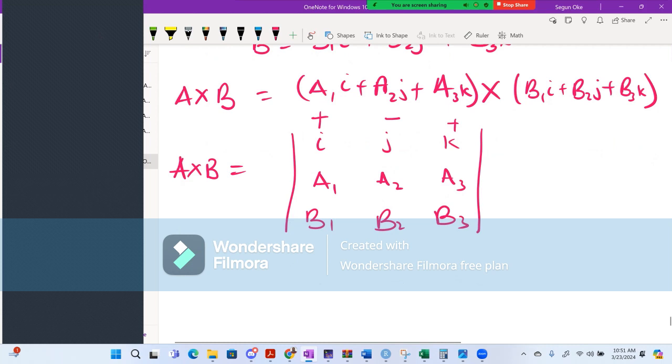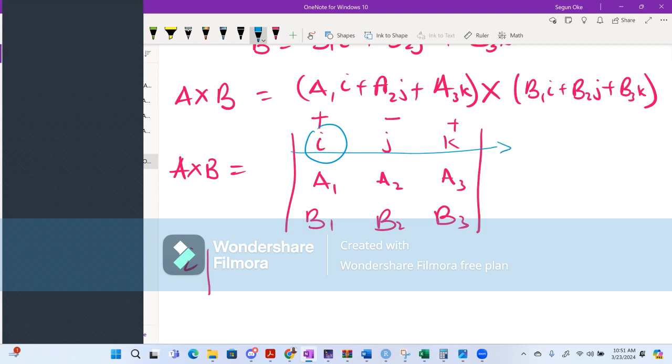How we need to do is just to pick one component at a time. If I want to solve this problem now, let me start from i. Be attentive. If I pick i, this is my first row.